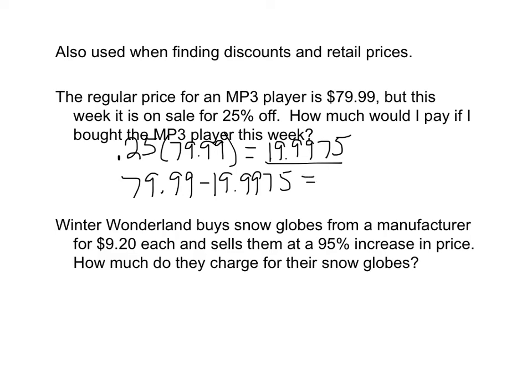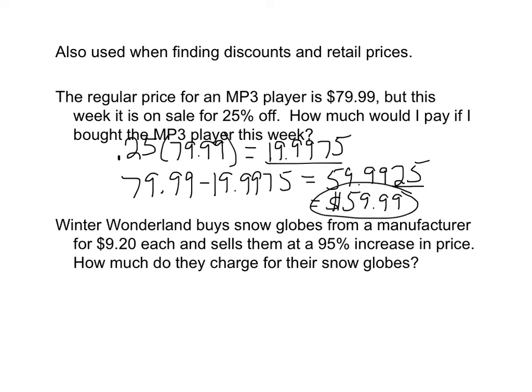And we get an answer of $59.9925. But if I round to the nearest cent, that 25 is going to have us round down. So essentially I'd be paying about $59.99 this week if I bought the MP3 player.